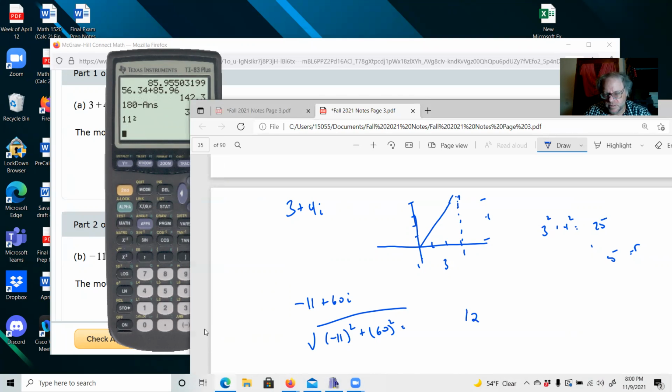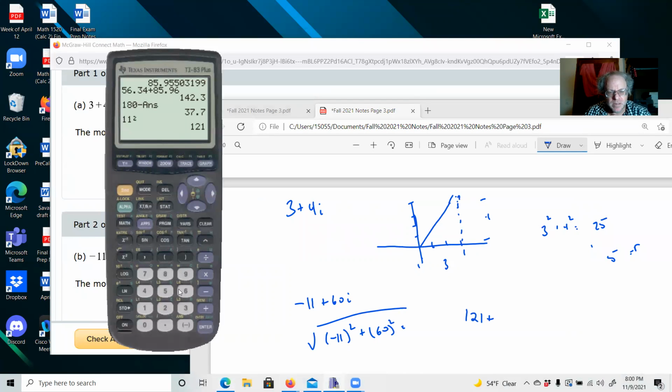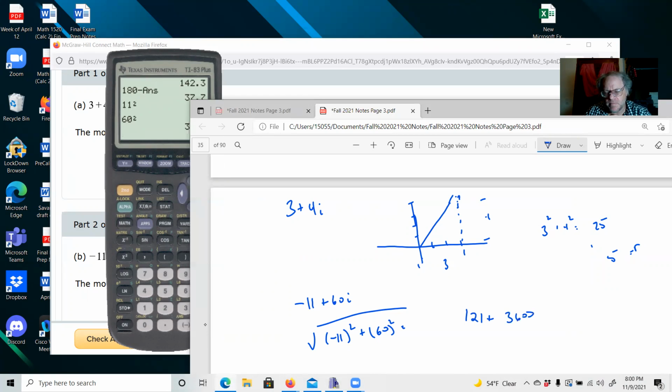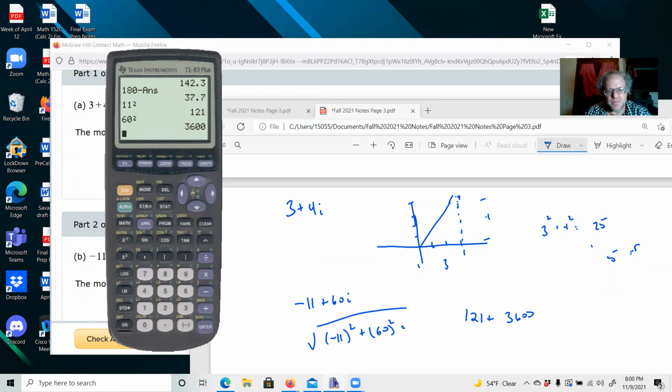Plus 60 squared, which should be 3,600. I wonder if this is a Pythagorean triple. I always do wonder about that. Plus 121.